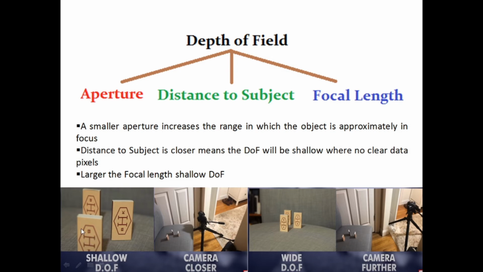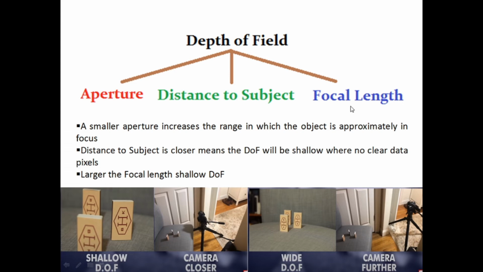So if I am having less depth of field, it means no clear pixels. And if distance to subject is far, that means I will be having my wider DOF, that means wider depth of field, I will be having a bit more clear pixels.